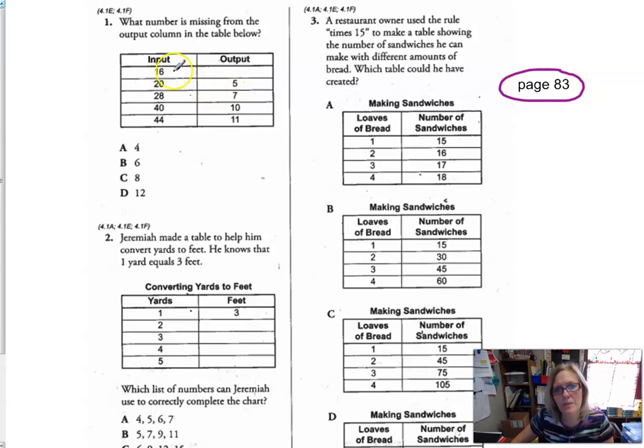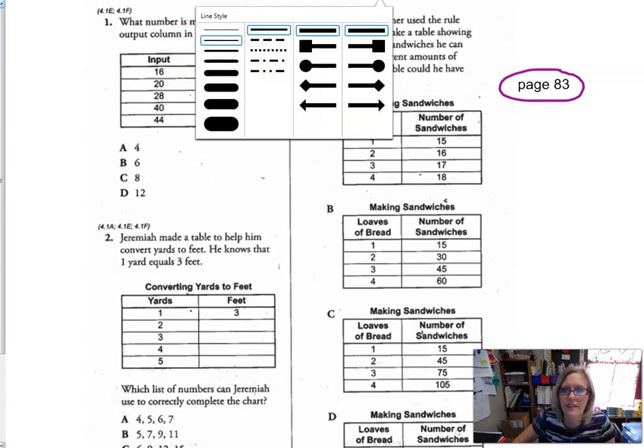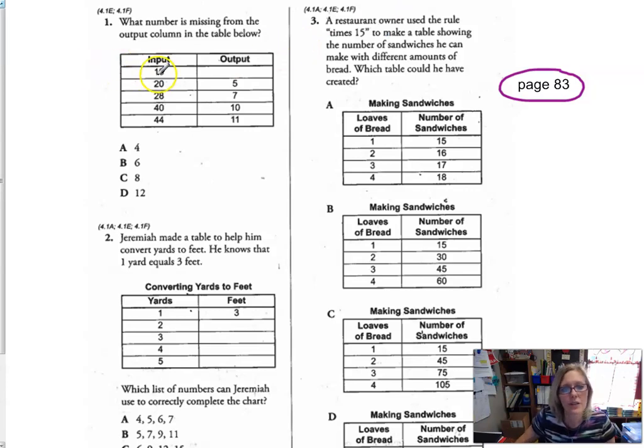And I'm going to help you solve this one right away. I'm going to need a skinnier pen for that. Here we go. All right, so I need to figure out this, so I'm going to come here. What would it take to get from 20 to 5? Well, were we getting bigger or smaller? Well, we're getting smaller. The 2 operations that make things smaller are subtract and divide.